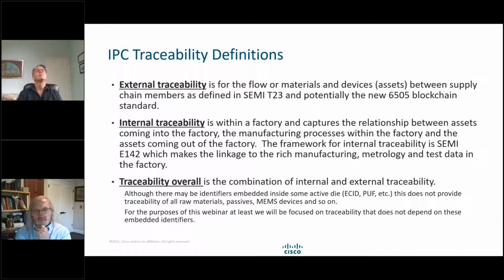I call them smart parts, where you can actually program and read IDs out of these parts. It's really any single component that is going on any product or any board: raw materials, passives, MEMS devices, and so on. Within this webinar, we're talking about all of these components and constituent parts.